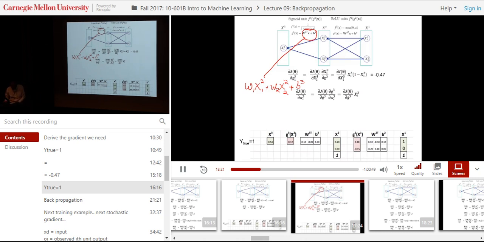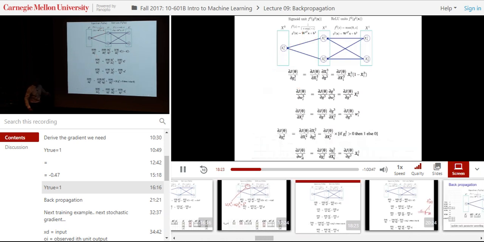Okay, so we just keep doing that, and then we can get the derivative with respect to the next thing, the X2s, the second layer of X's, which again is the derivative with respect to G3 times G3 with respect to X.